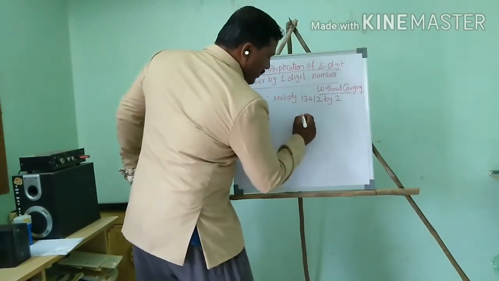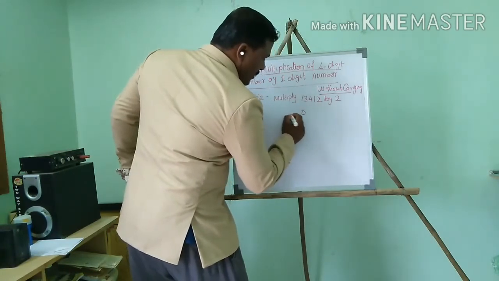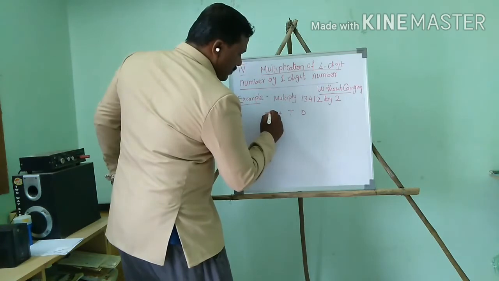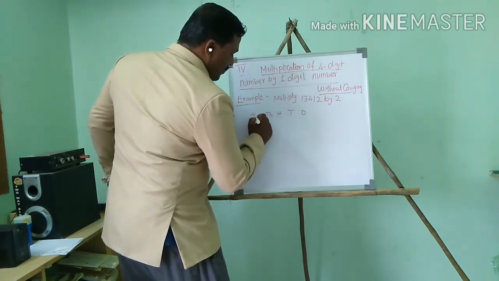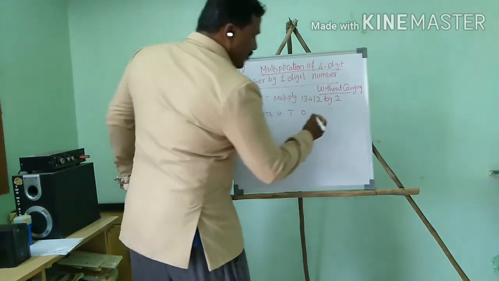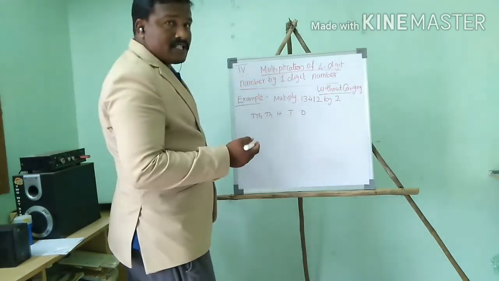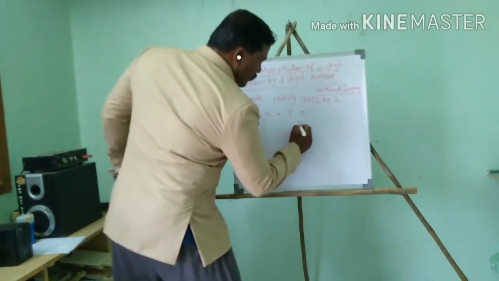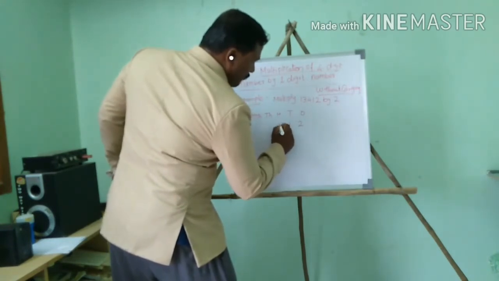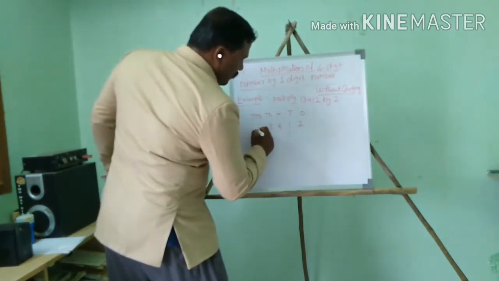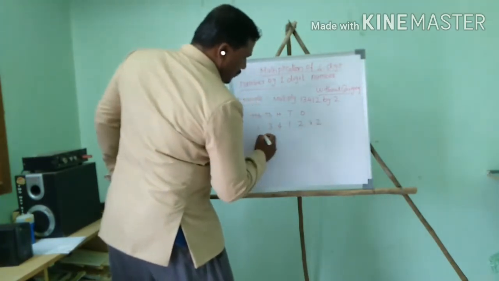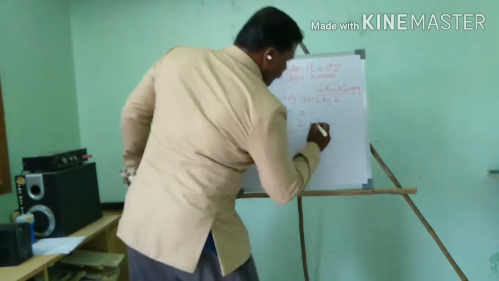So here ones, tens, hundreds, thousands, ten thousands. First I will write the big number: 1, 3, 4, 1, 2 multiplied by 2.